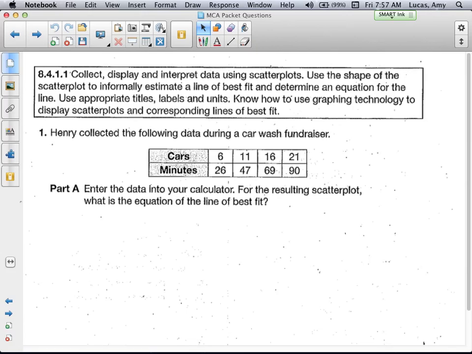We don't have the capability on our MCAs to enter this data into your calculator, so we're going to draw the scatter plot and then find an equation for a line of best fit.